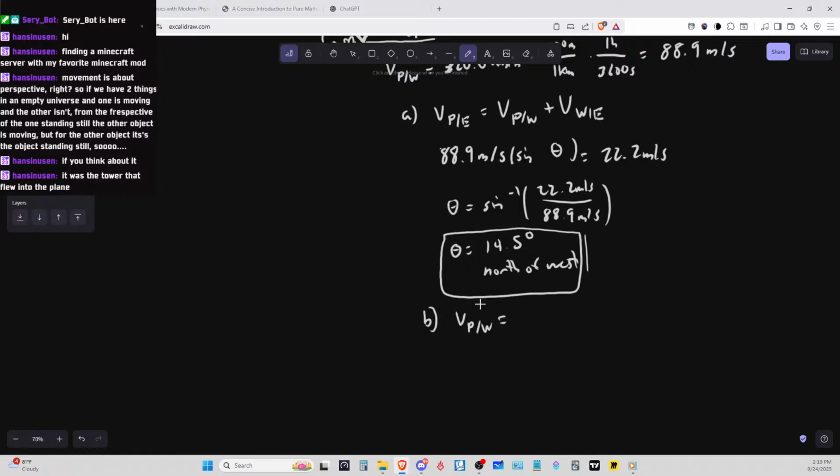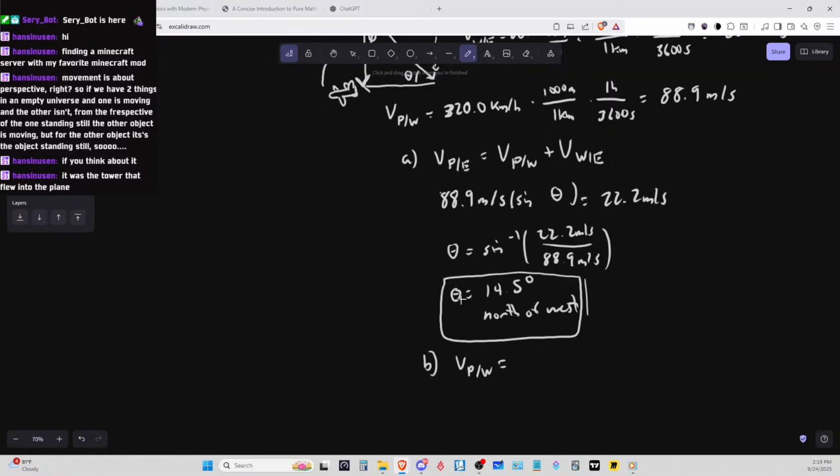So the plane is cosine of 14.5 degrees i plus sine of 14.5 degrees j, and then we have the wind relative to the Earth.